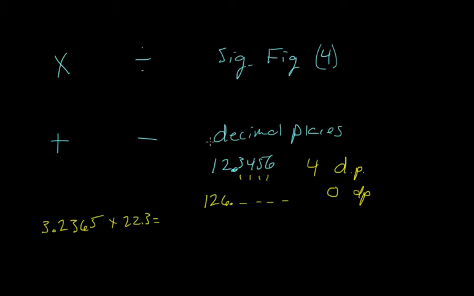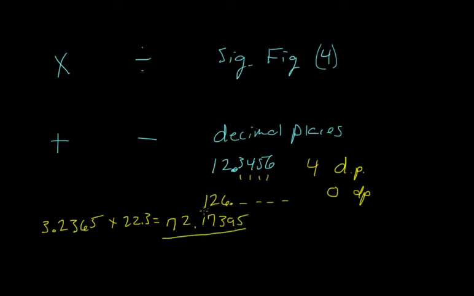When I get my calculator and take 3.2365 times 22.3, that gives me an answer of 72.17395. This is what shows up in my calculator.